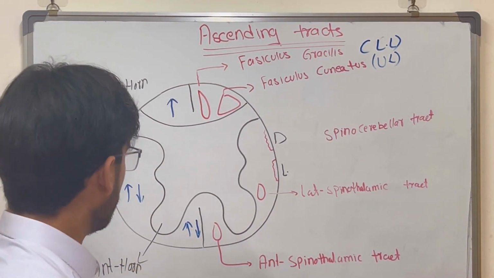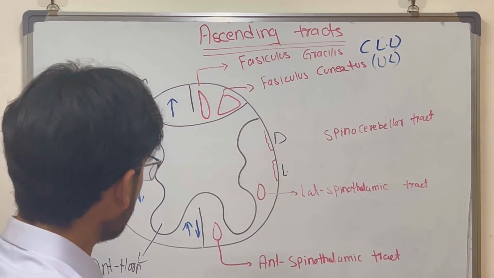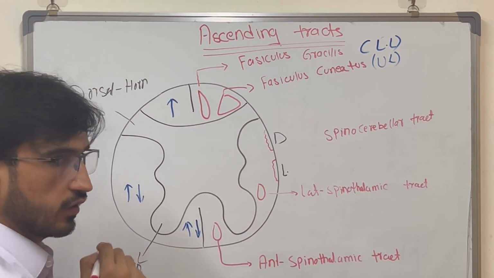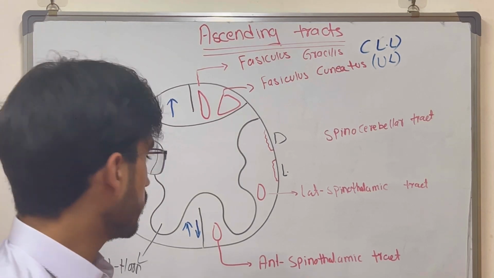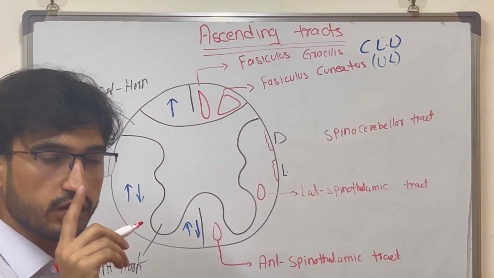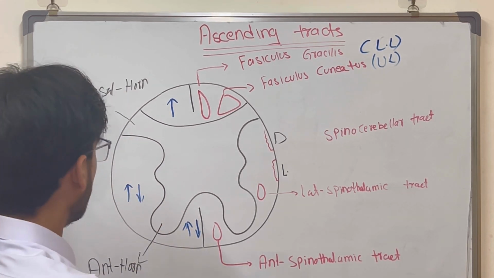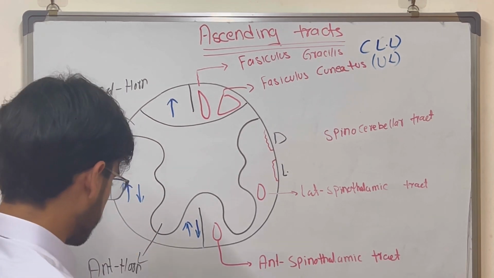So let's suppose this is the cross section of the spinal cord. This is the dorsal tracts, this is the lateral tracts, and this one is the ventral tracts. In dorsal tracts there are only ascending tracts, and in lateral tracts there are ascending as well as descending tracts.